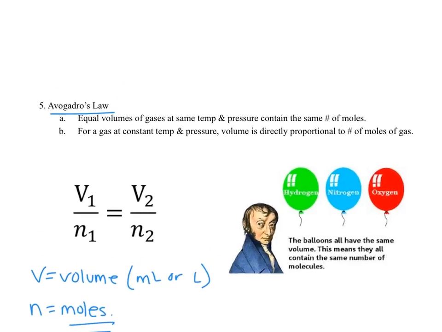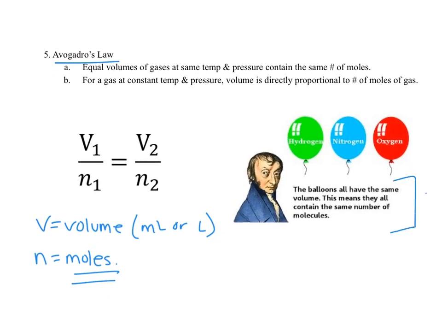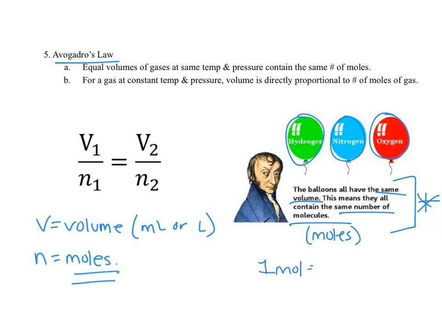So if you look at this statement over here, it says these balloons, so we've got hydrogen, nitrogen, oxygen, these balloons all have the same volume, and if they have the same volume, that means they have the same number of molecules, which also means that they have the same number of moles. Remember, 1 mole equals 6.02 times 10 to the 23rd molecules.